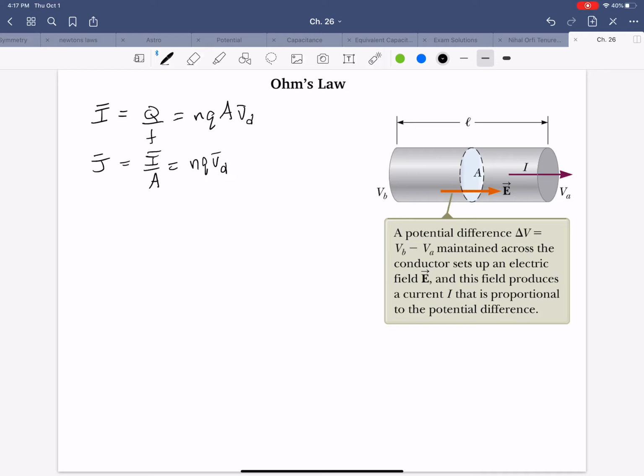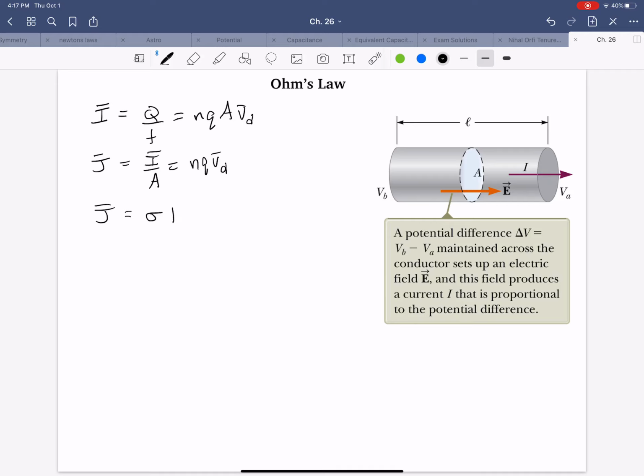Now, if a wire is connected to a battery, there exists an electric field in that wire. Yes, this is where the current comes from. So we can say that the current density J is directly related to the magnitude of that electric field.